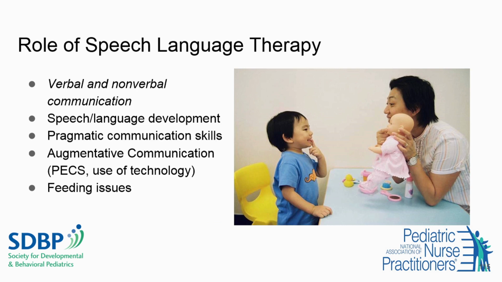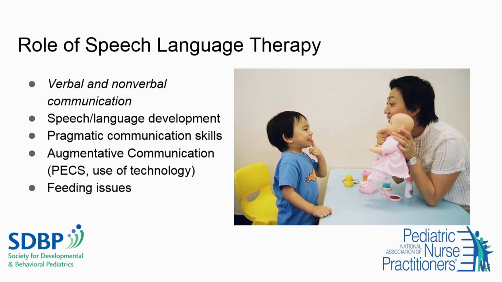The next thing we'll talk about is the role of speech therapy. And we're going to talk about both verbal and nonverbal communication, and not just their communication skills themselves, but understanding what is coming from other people. So they're going to work with them on their speech and language development. They're going to help with their pragmatic social skills, which is kind of understanding the verbal and the nonverbal part.